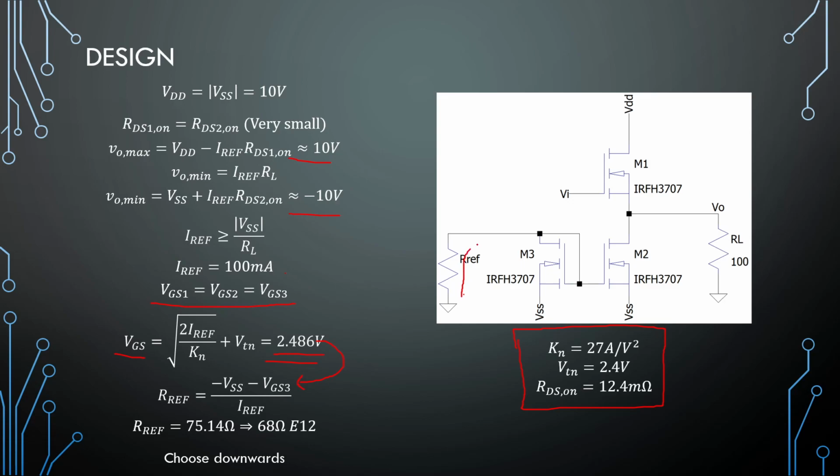So the current flowing like this, we have our VSS and our VGS value, and that will determine our resistor. So minus VSS minus VGS3 over our reference is 75.14 ohms. We pick that downwards to 68 ohms, and our design is complete.